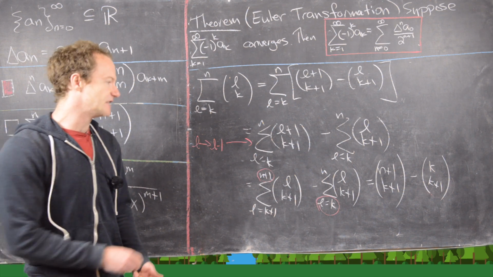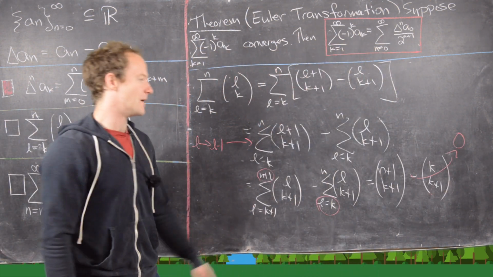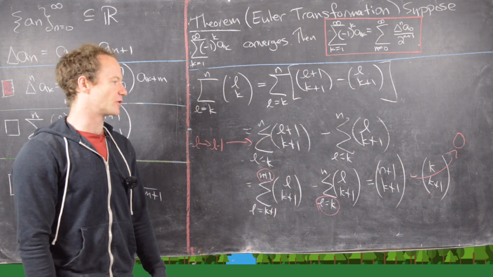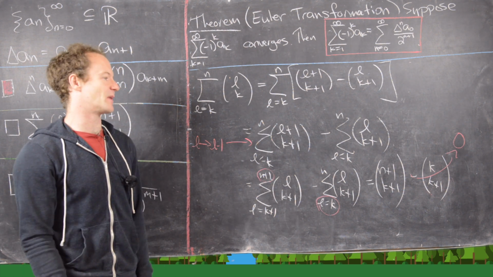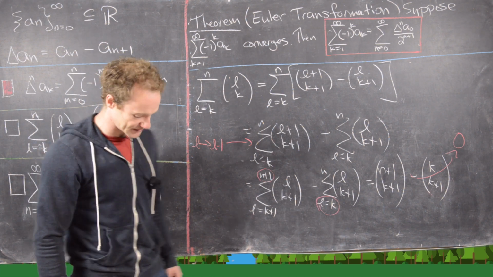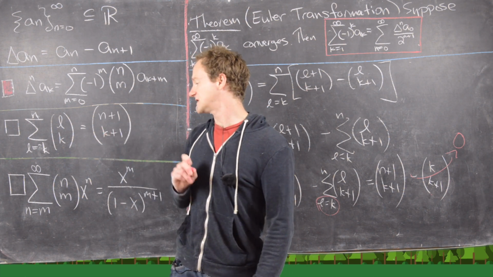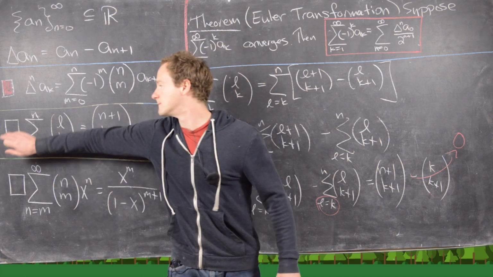But now k choose k plus 1 is 0 because the bottom of the binomial coefficient is larger than the top of the binomial coefficient. So we end up with n plus 1 choose k plus 1, which is exactly what we wanted. Okay, so now we're done with this equation. We'll move on to this one.